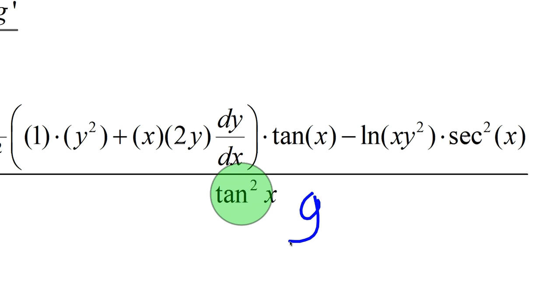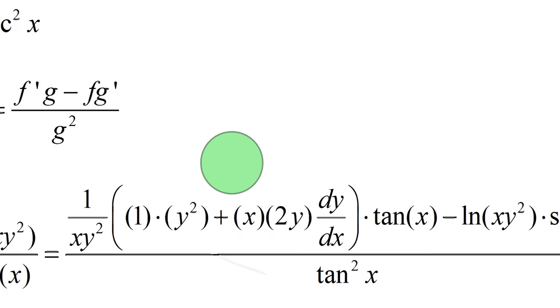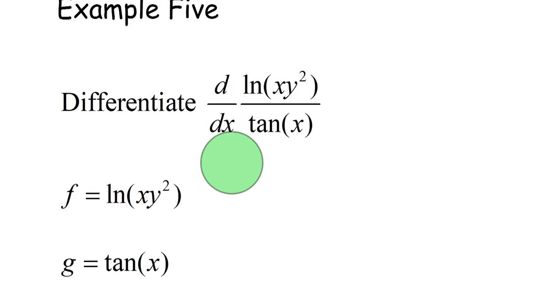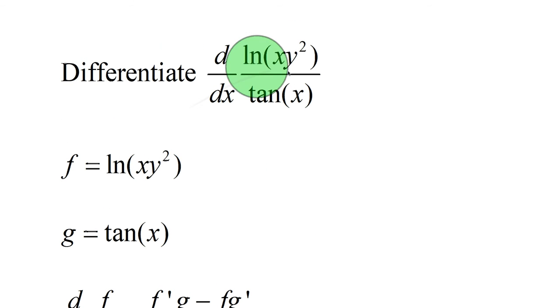So then, once you break it down that way, then you just plug all that stuff in and you simplify. Now I do want to go back one more time and show you what we've just done because I know it can be really overwhelming. And this is, of course, by far the most involved problem we've done. We have a quotient rule on the outside layer, I guess you could say.